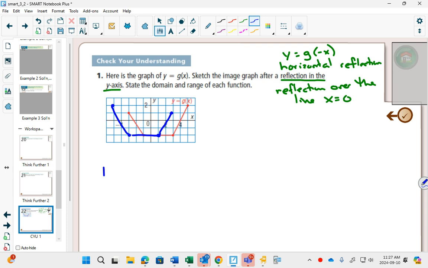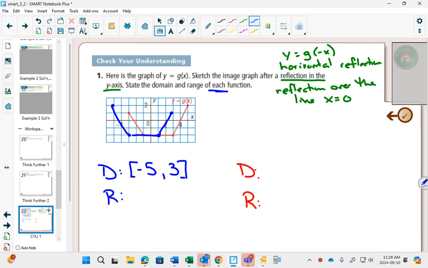We do have to do domain and range of each. So I need to do it for the red ones as well. And this time I'm only going to do one type of notation. So I'm going to choose the interval notation. For the domain, I'm looking at the smallest x value, which is -5. The biggest x value is +3.